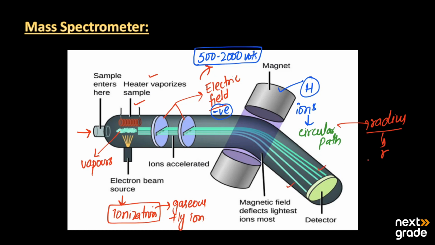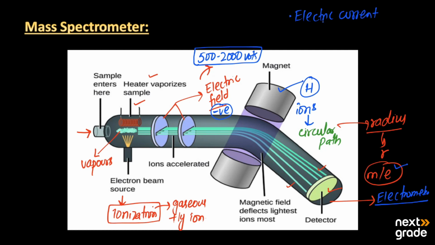After that, they fall according to their mass to charge ratio over the detector, where we have the electrometer. The electrometer measures the current. When the ions fall on the electrometer, according to their mass to charge ratios, they produce a minute electric current that is measured and then amplified.